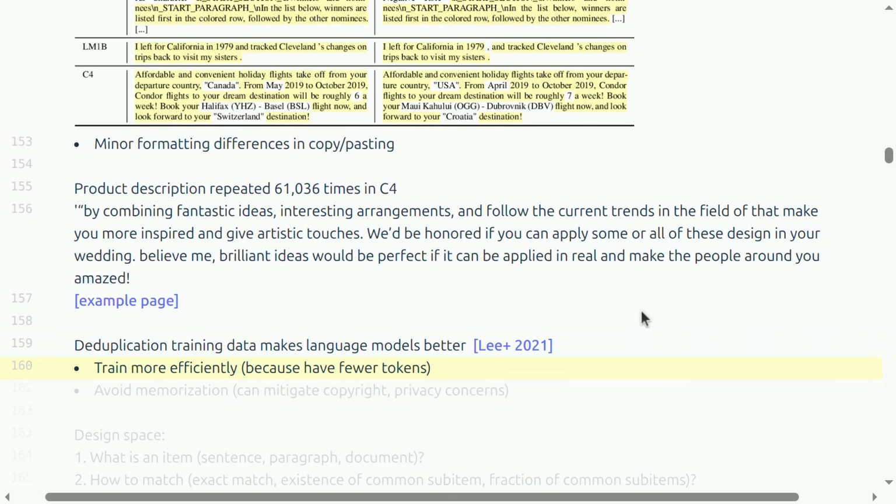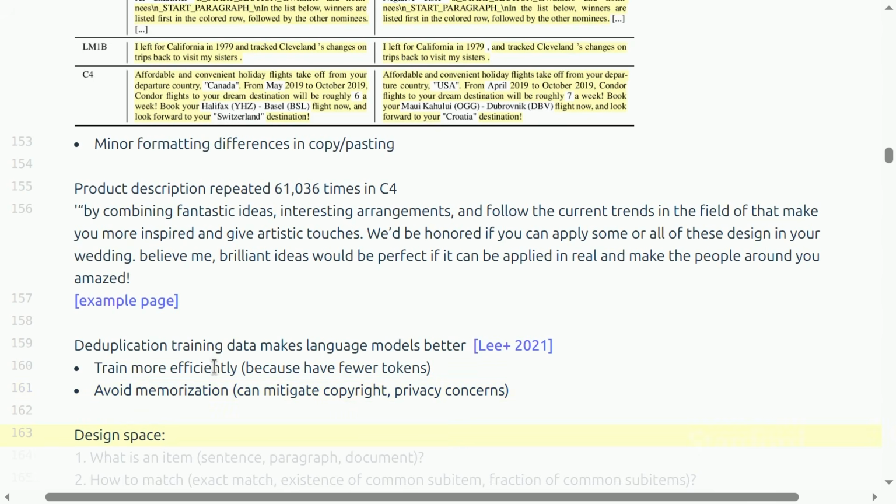But mostly, I think it's just to make sure that you're not wasting FLOPs. Related to deduplication, there's also decontamination, which is arguably even more important and it's the same sort of deal: you want to make sure that your test set is not in your training set.